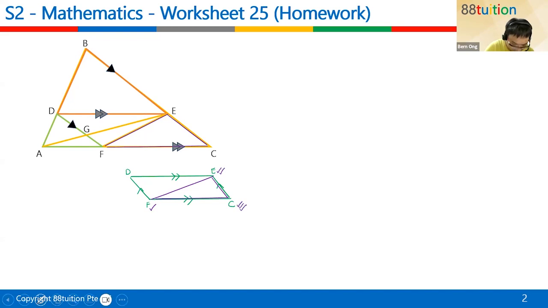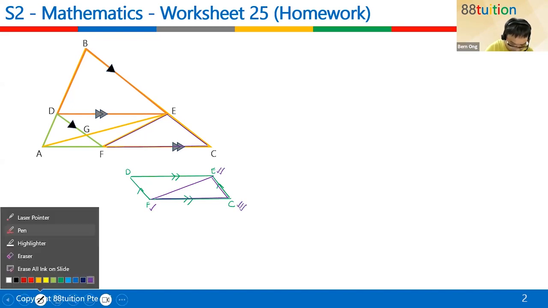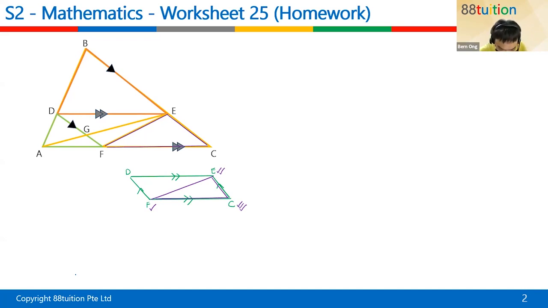Let's determine where the congruent triangle is. Can you see that the congruent triangle is actually here, which is the other half of the parallelogram? That's the congruence.